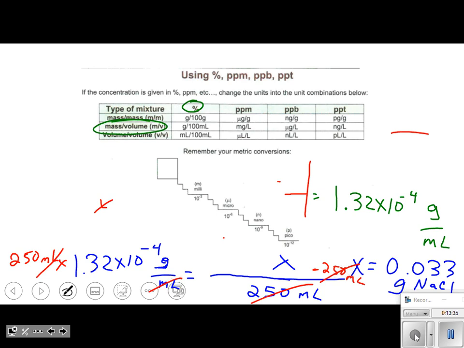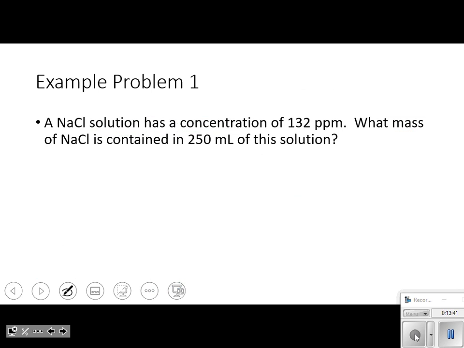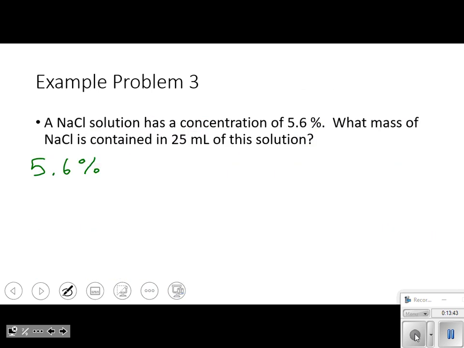I'm still dealing with mass volume. So it tells me grams per 100 milliliter. So I come back here to my percent, and I take that percent out of there, and I put in there grams per 100 mLs. That's what my chart told me. So 5.6% is really 5.6 grams per 100 milliliter.